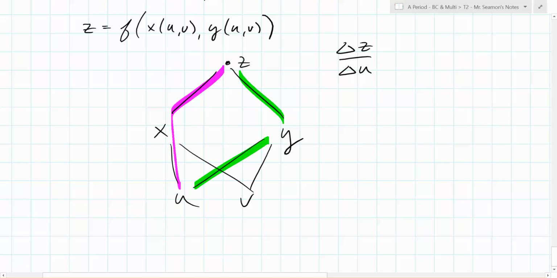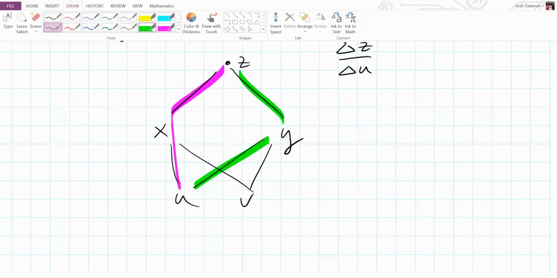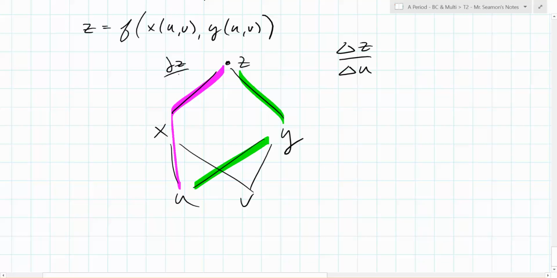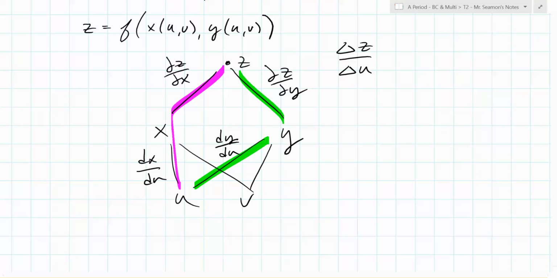The partials, or the direct derivatives. So this is going to be partial z, partial x, and what's this? Partial x, partial u. And this is partial z, partial y, and what's the next one? Partial y, partial u. So then what do you write? The sum of the two products. That's all you do. Can this method be expanded to as many variables as you want? Yes, it absolutely can.